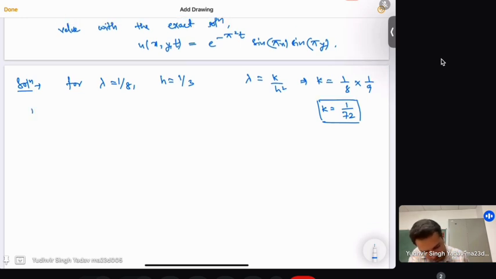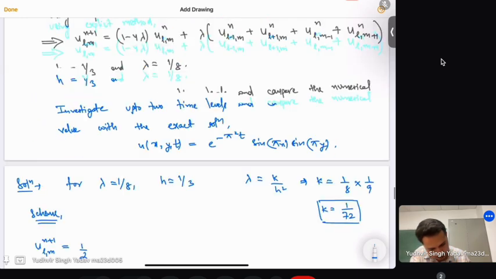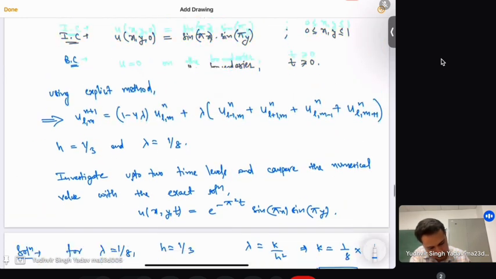And the given scheme is u(l,m)^(n+1). So here we have lambda as this.